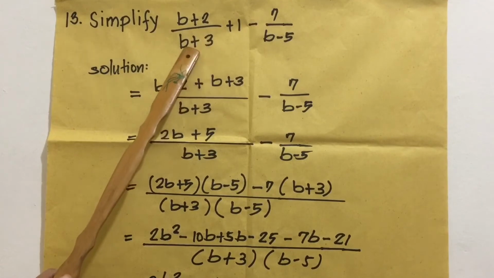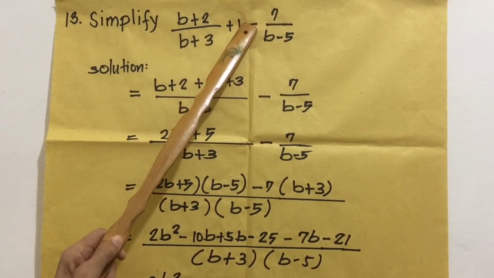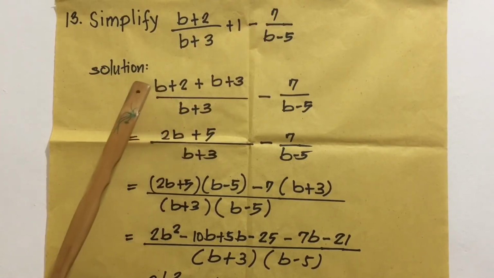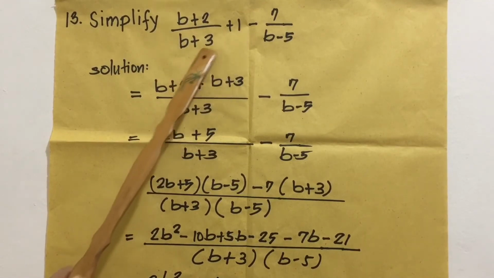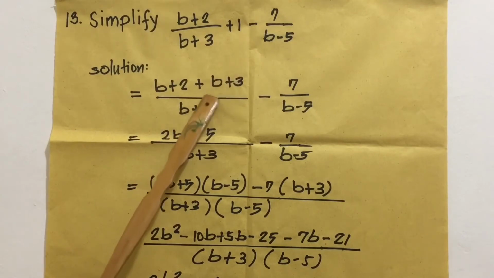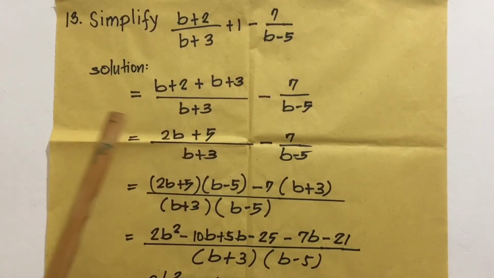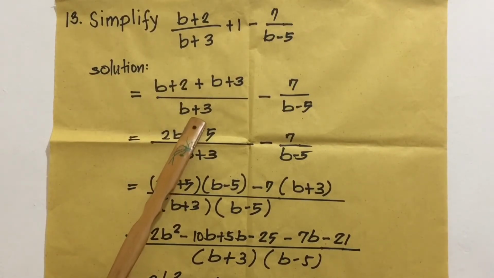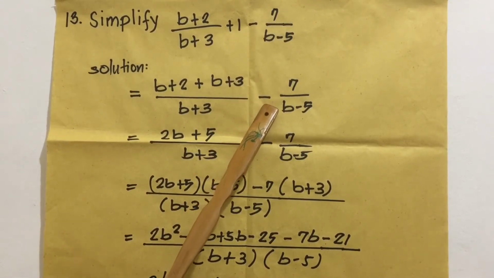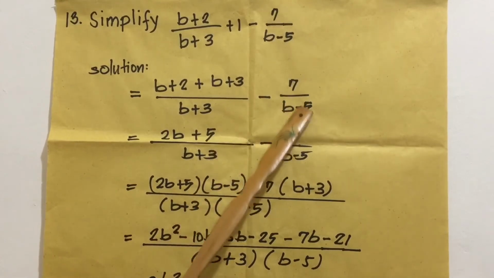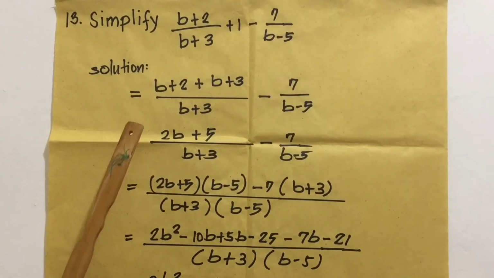We're going to multiply b plus 3 times 1. So b plus 2 copy, then multiply b plus 3 plus 1 equals b plus 3 over, copy the denominator, then copy the minus sign, and copy the second rational expression.